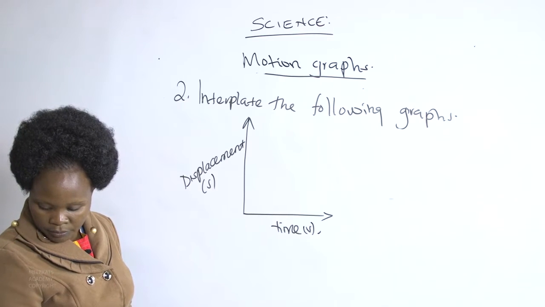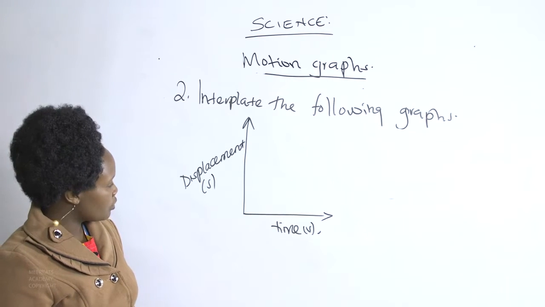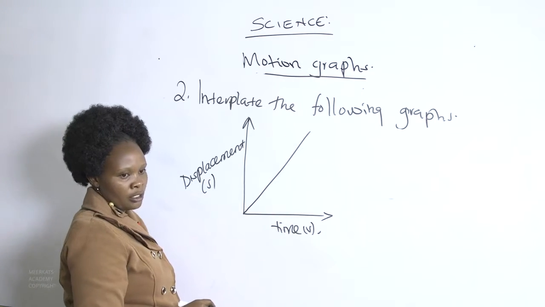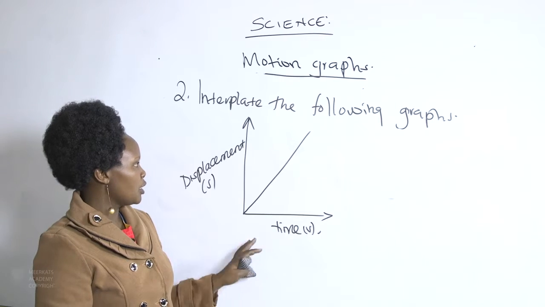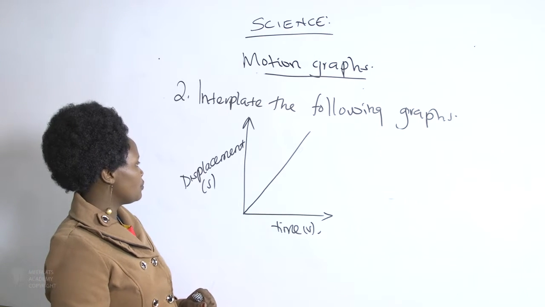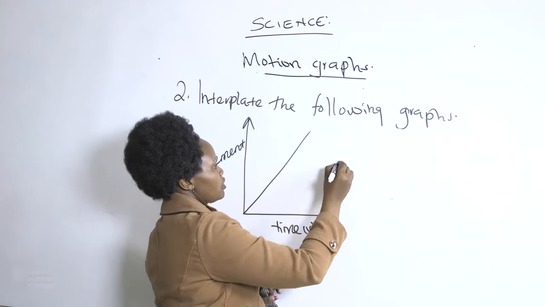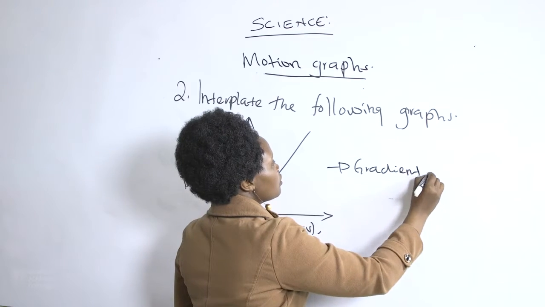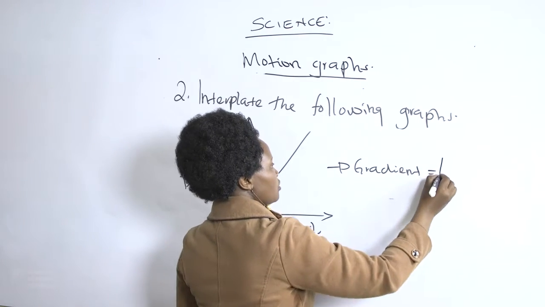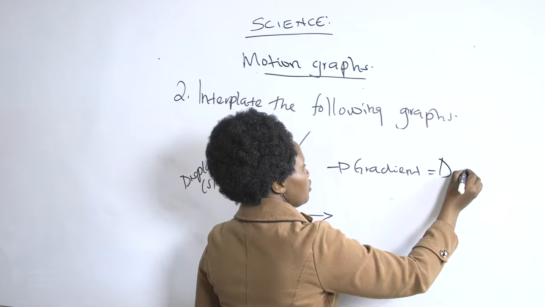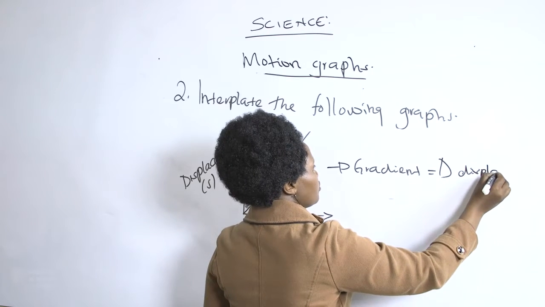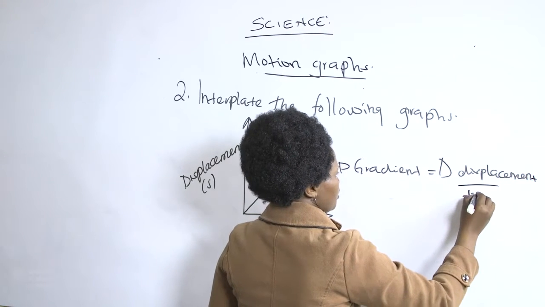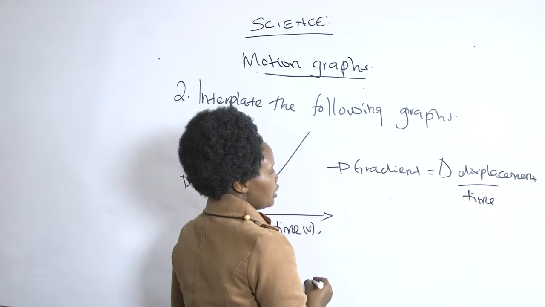Displacement time graph, which is a straight line through the origin. For this graph, the gradient gives the change of displacement over the time taken.